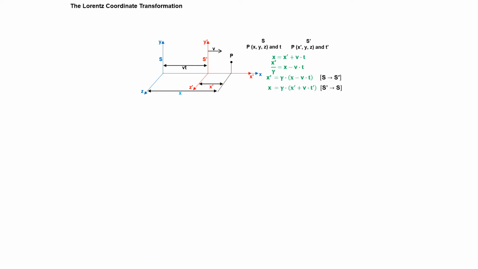We can obtain the equation for the time coordinate by isolating the t' in the equation and eliminating x' by using the Lorentz transformation for x' that we just found. We have assumed that there is no relative motion between the frames in the y or z directions.